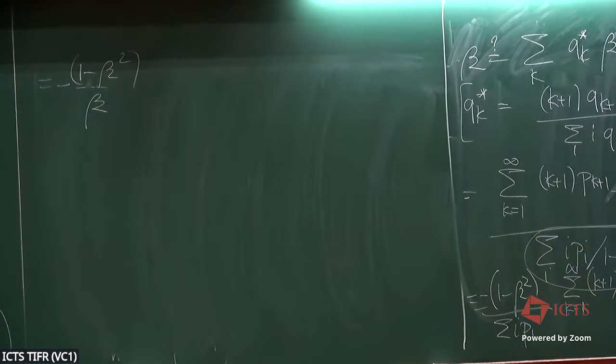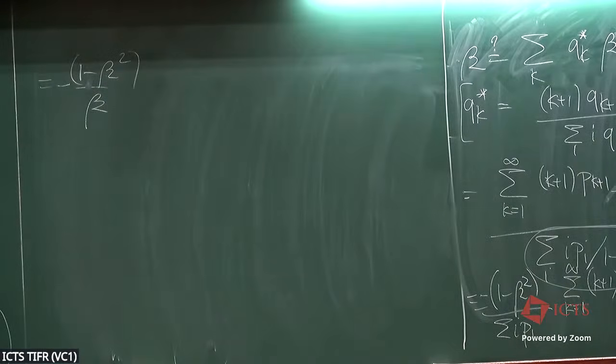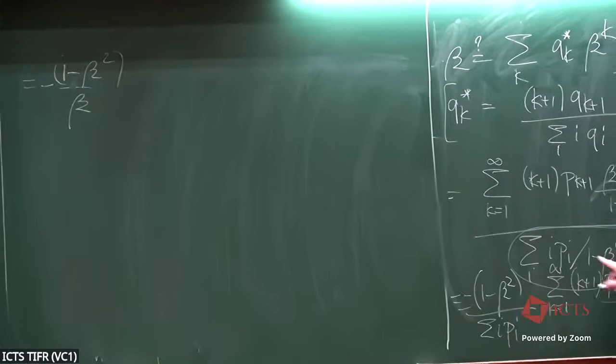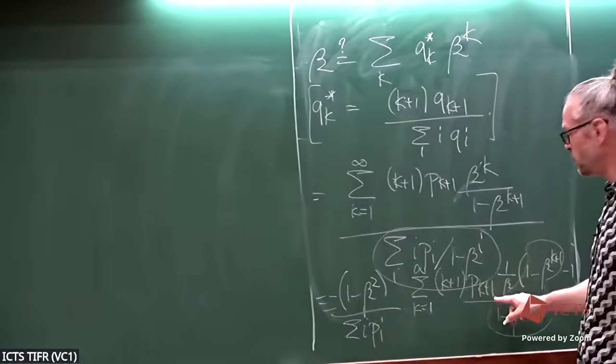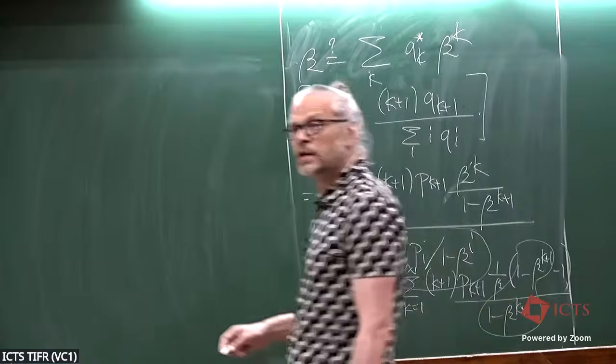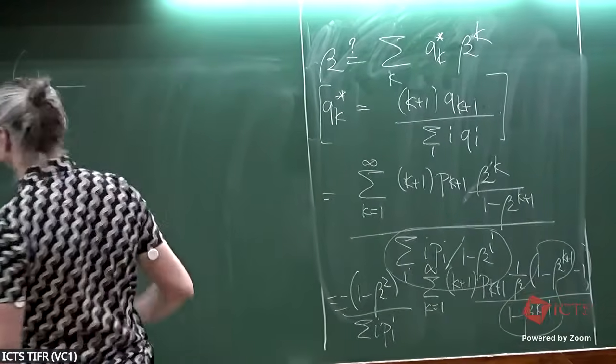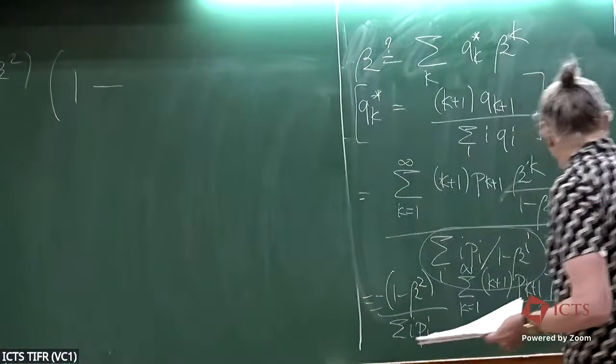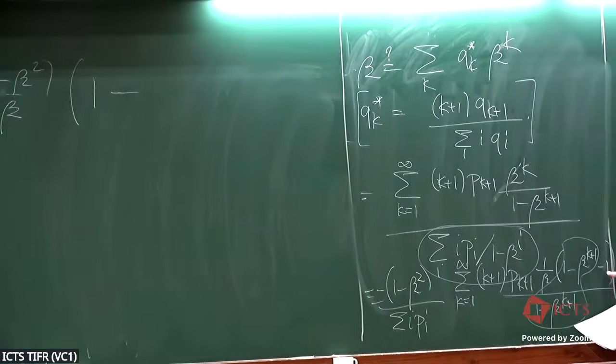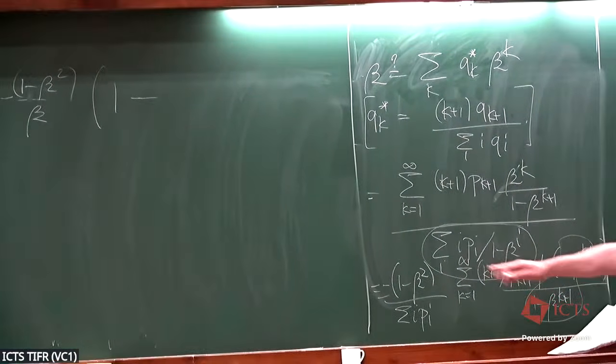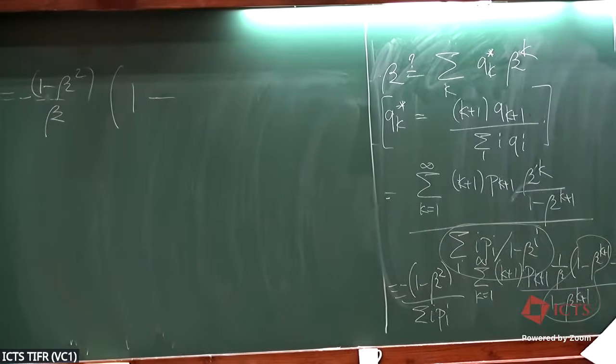Okay, so there's two terms. There's this term, which is just a complicated way of writing 1. And that 1 is going to have a 1 over beta, and it's going to have this term, and then it's multiplying the first moment of the pk's, which is going to cancel that. So that's just going to be a 1. And then the minus 1 here, take out the term on the right.